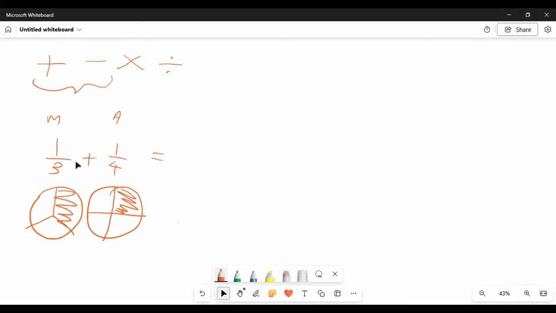The reason why we can't add these two parts is because both the pieces are not the same size. Did I make sense? They are not the same size. So if you have to add fractions, the pieces should be the same size.